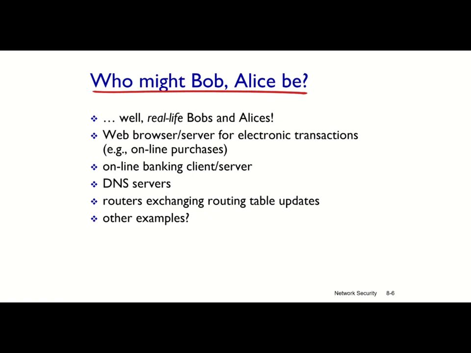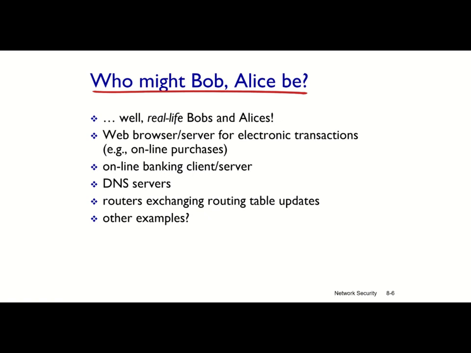In the aforementioned security attack, Bob and Alice can be either two friends in real life, or they can be a browser and server for some electronic transaction with sensitive information exchange between the browser and the server.